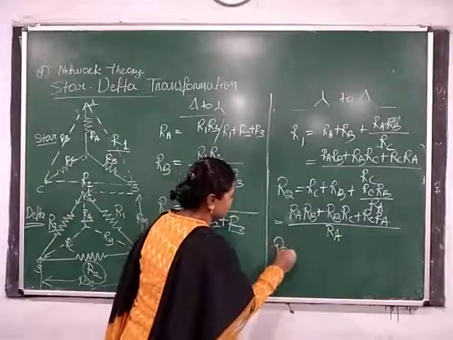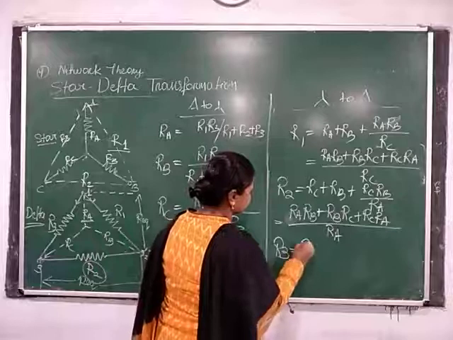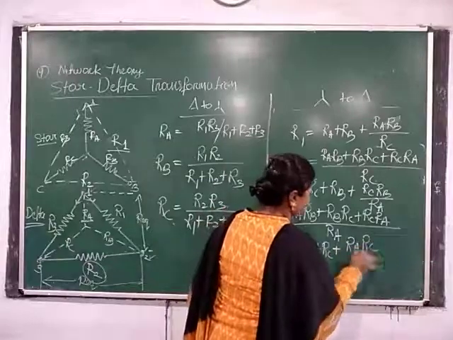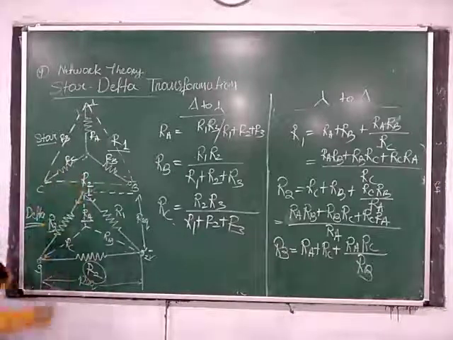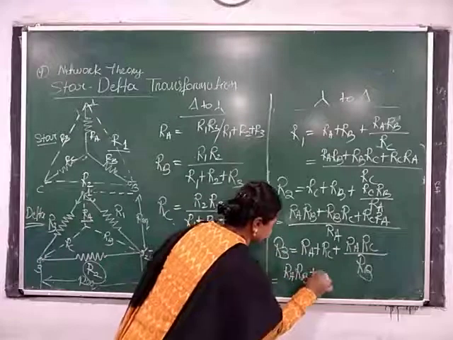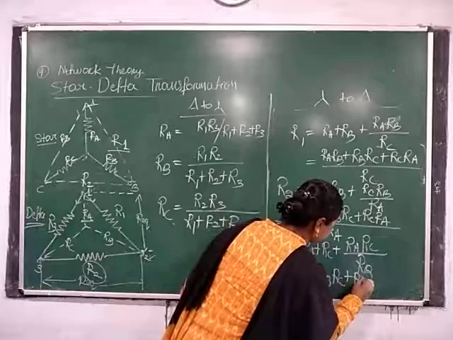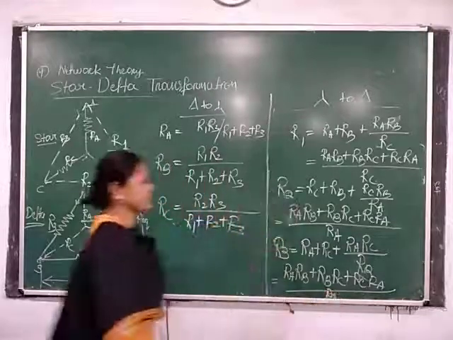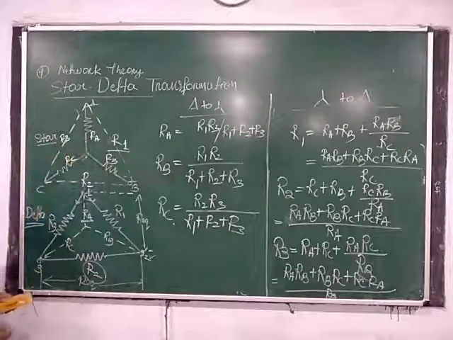Then R3, this one. R3 opposite is RB. If you simplify, it is the addition of the cross multiplication of the resistances in star divided by the resistance of the star connection present opposite to the delta connection.